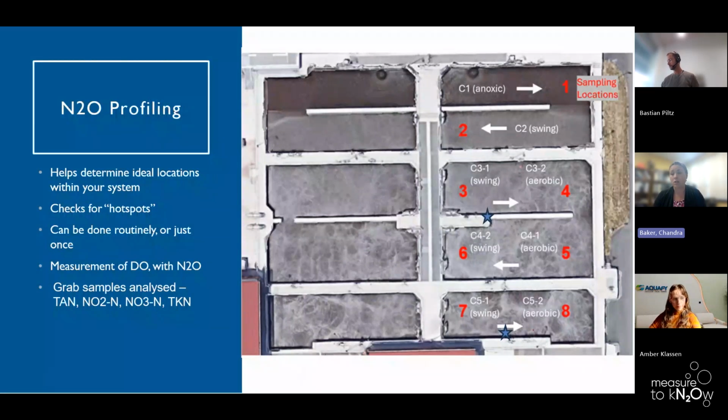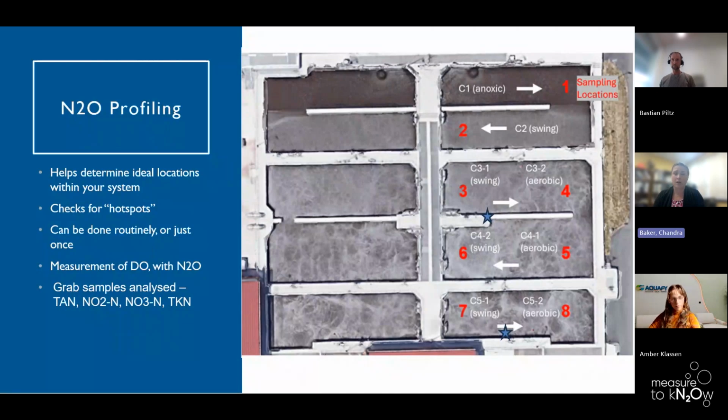Over this past year, we've been doing a series of studies to measure the baseline data, as well as taking additional data to help us interpret what we're actually measuring. Part of that includes N2O profiling, where we've gone through the aeration tanks, looking at different sample locations to determine the ideal locations for the N2O sensors.